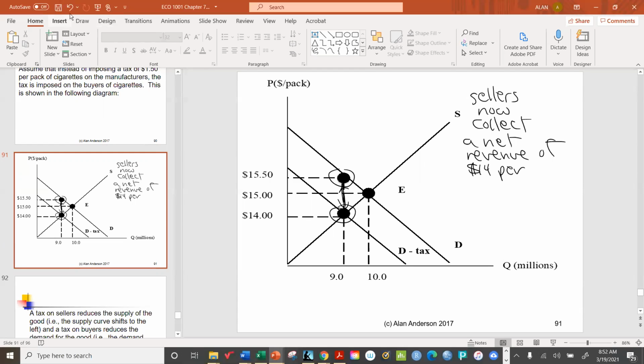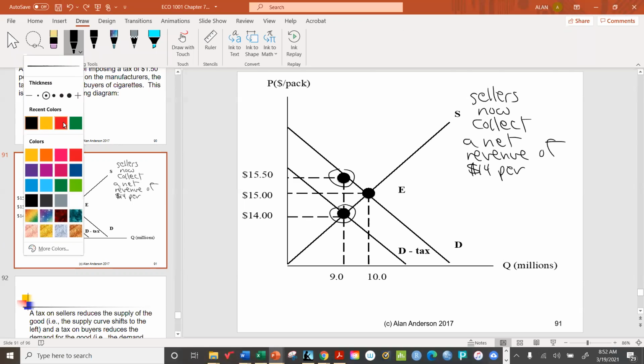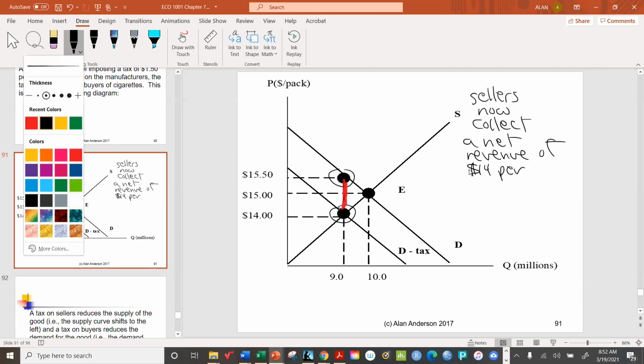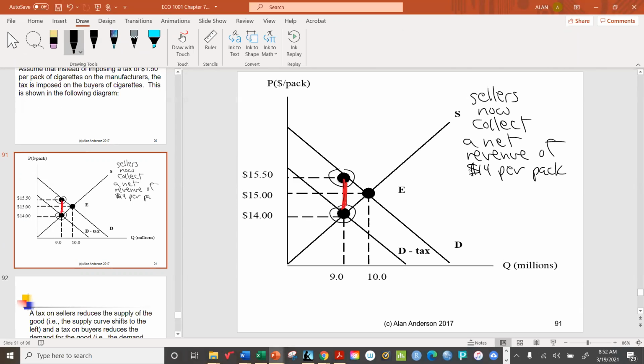This vertical distance is the tax. In the video we watched, they made it red, so let's keep doing that. That's my tax. And that's a loss of $1 compared to what it was before when we collected $15.